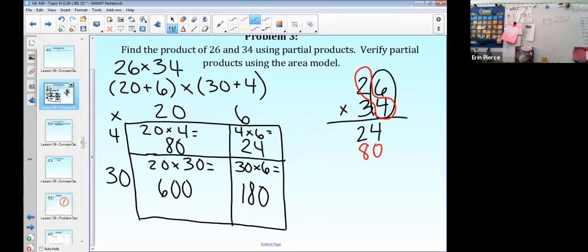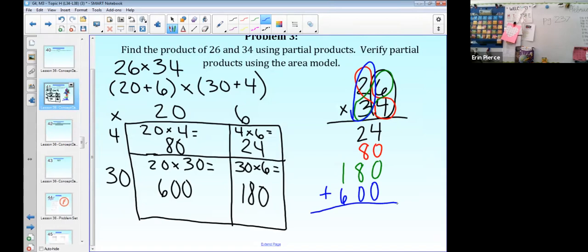Going to my tens to ones. 30 times 6. 180. And my last one. Tens times tens. 30 times 20. 600.